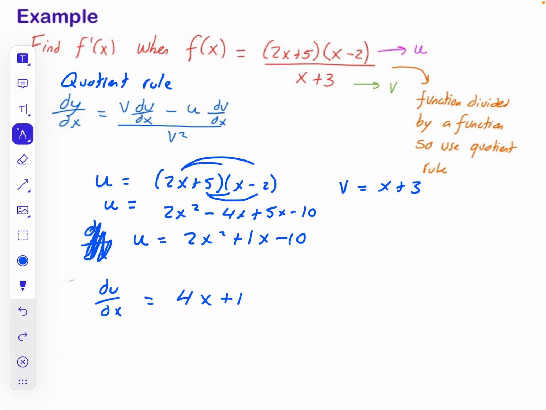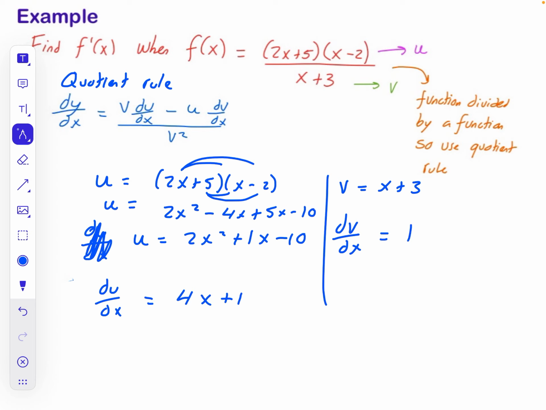But sometimes, just to make our lives a bit easier, that took me very little time to multiply out, and it meant that I wasn't using my product rule and my quotient rule in the same question. Sometimes that won't be possible, but here, if you can make your life a bit easier, I would recommend just multiplying it out instead of using the product rule.